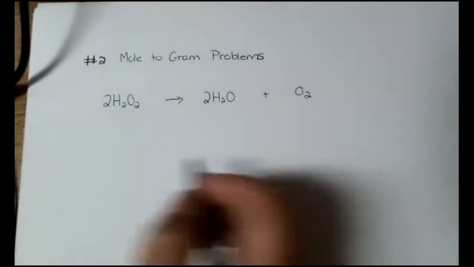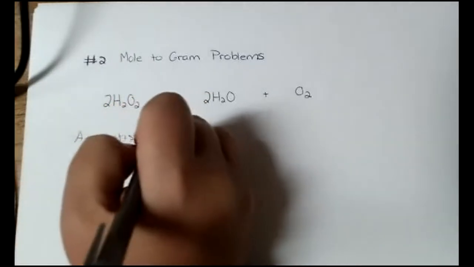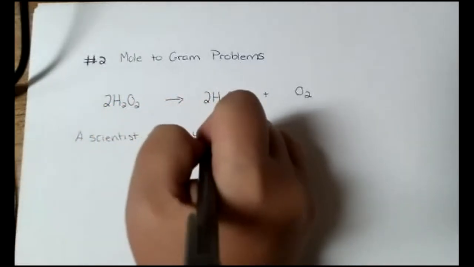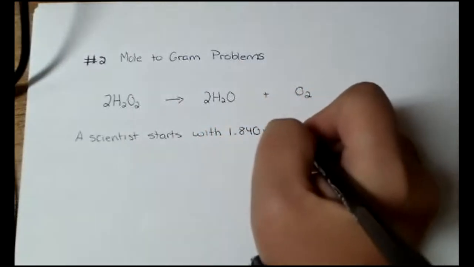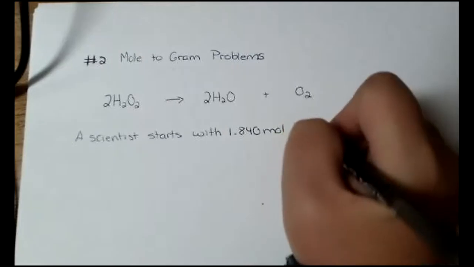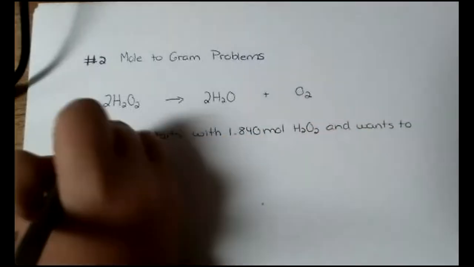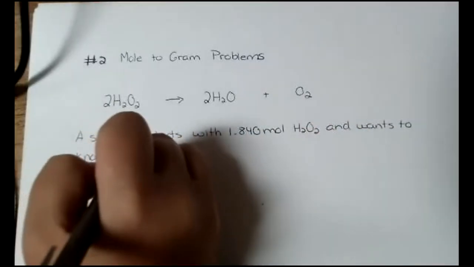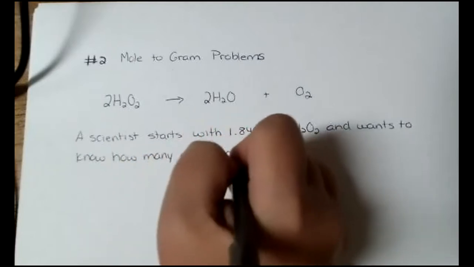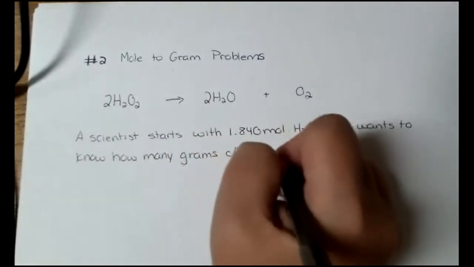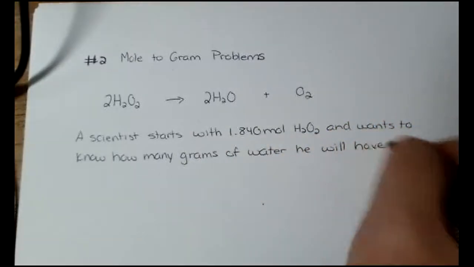So let's just say that a scientist starts with 1.840 moles of H2O2 and wants to know how many grams of water he will have formed.